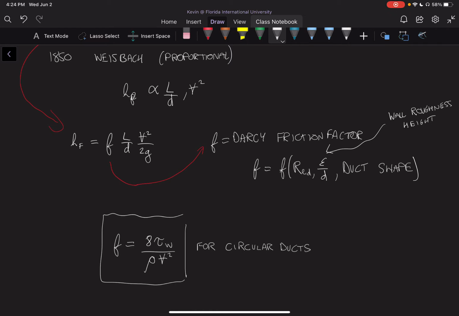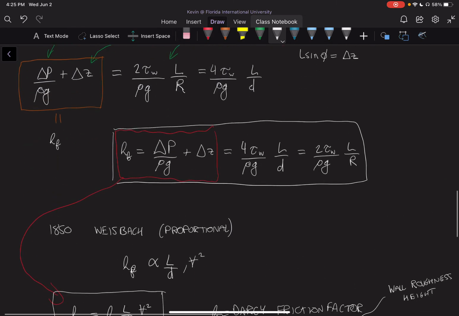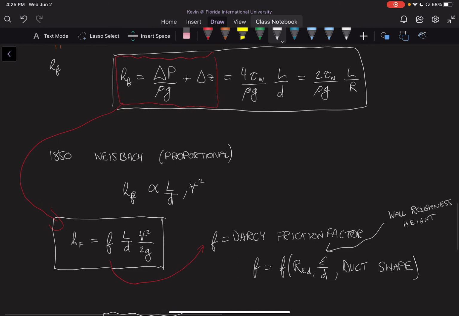Okay, so we now have a new term for our head due to friction, and we can find our head due to friction independently of our pressure and our height. We can find it by the length over D and the velocity squared now, because we found out that it was a function of those.